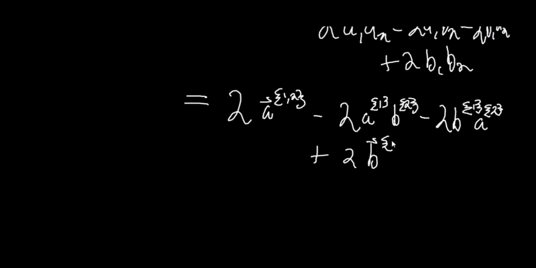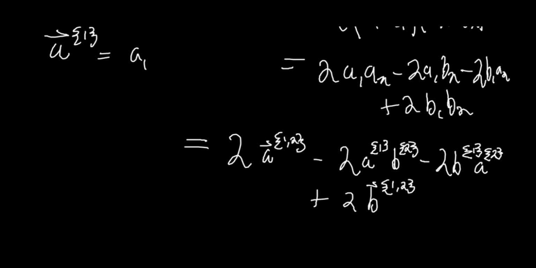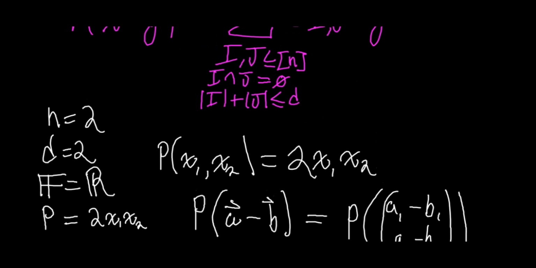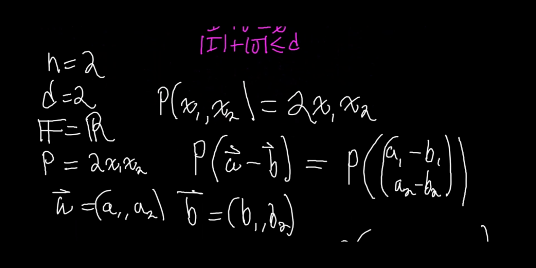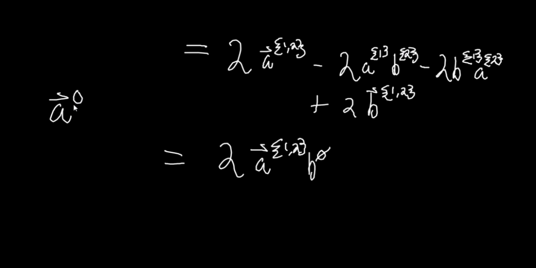So using our new notation, we can rewrite this, and this claim starts to squeeze out of this toy example. We can go further and say that this is equal to 2 times a raised to the set 1, 2, times b raised to the empty set, because based on how this notation is defined, any vector raised to the empty set is just equal to 1.